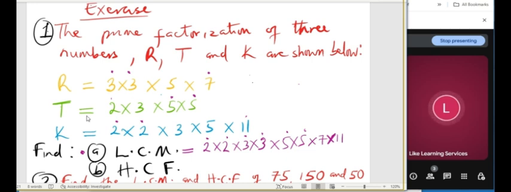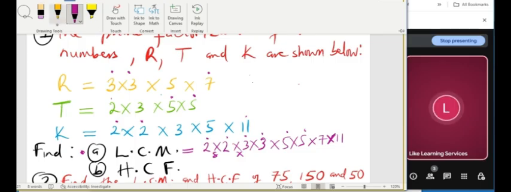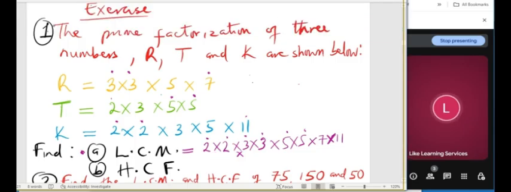This will be equal to 8 times 9 times 25 times 77. Let me just work it out. That's 138,600.